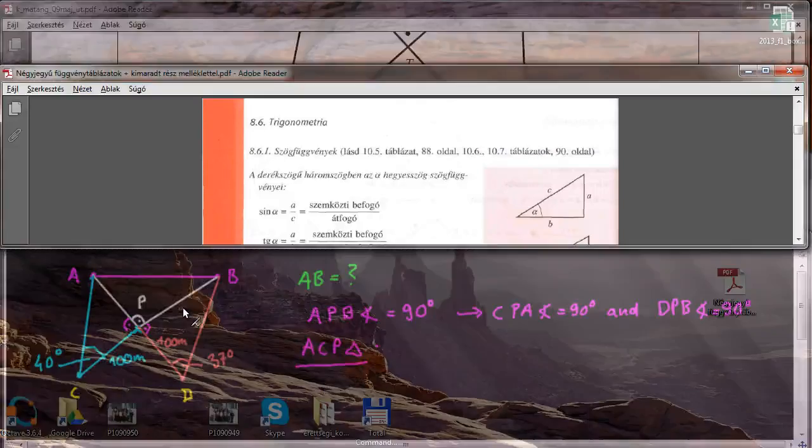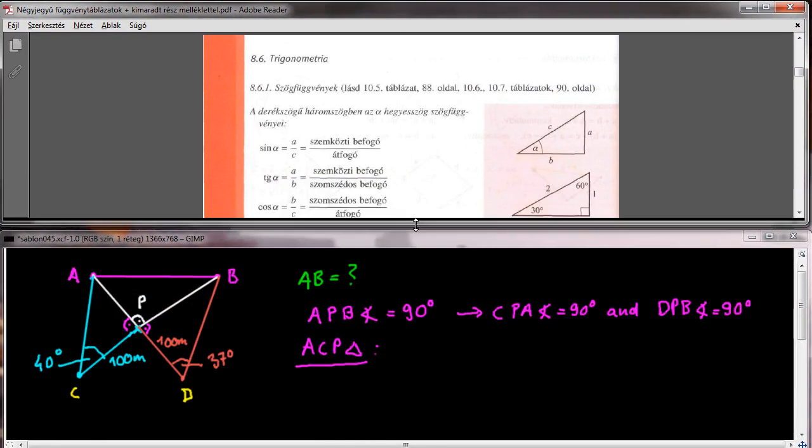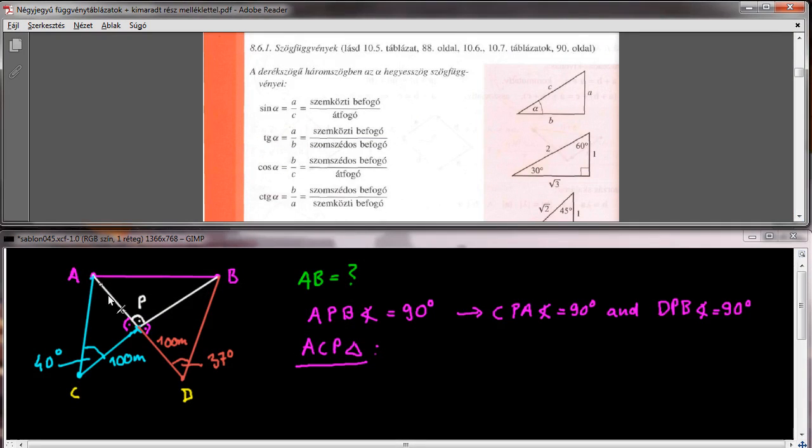So now if I open the book that I have on trigonometry, then actually what I can do, I can calculate also the other sides of this triangle. Because, for example, if I have a right angle somewhere in the triangle, then the fraction of the two smaller sides will be the tangent of this angle.